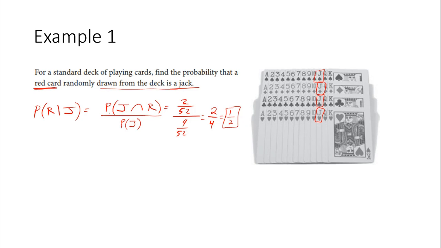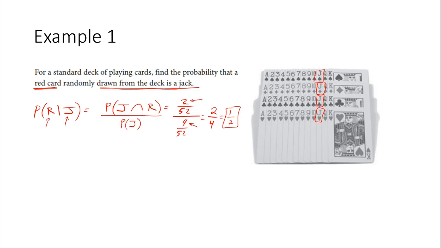Now, given that it's a jack, notice how we really care about that. What's the probability of getting red? But it has to be a jack. There are 4 jacks total, but only 2 of them are red. So that's really where you're applying the formula.